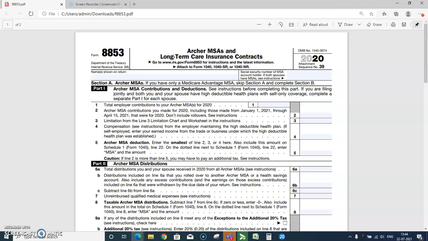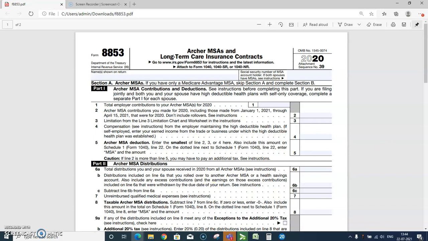Here are a few of the exceptions to the rules. If your spouse doesn't have a high deductible health plan, you may still have an Archer MSA as long as you are not covered under your spouse's plan. Additional insurance coverage exceptions include insurance that provides liability benefits, fixed amounts per day for hospitalization, or coverage for a specific illness or disease.